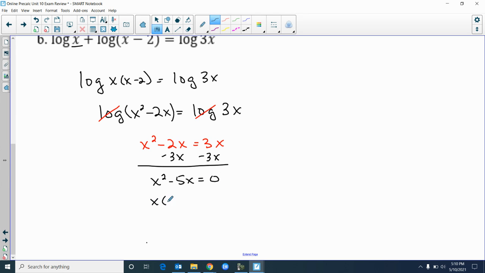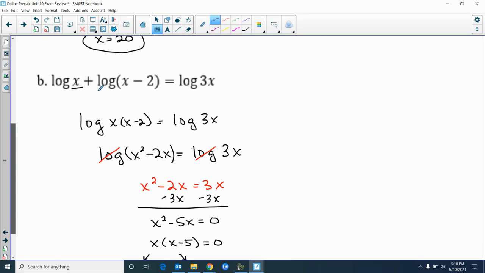If I factor out an x, then I get x equals 0 for this answer. I get x equals 5. You've got to go back to the very original problem and substitute them in. Will it give me a 0 or a negative? If I substitute in 0, I get a negative and I get a 0 in all cases.